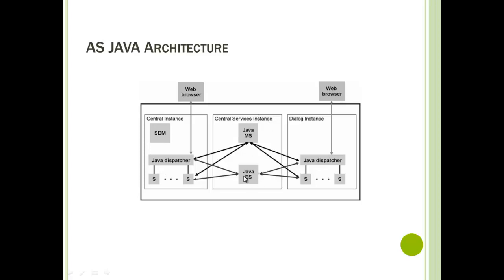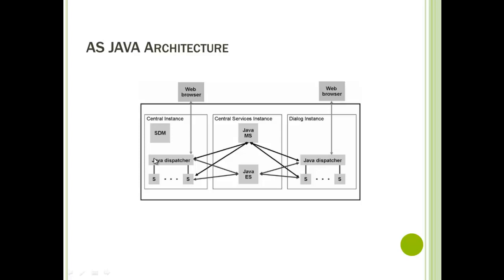The Java NQ services and the MS message services, and the dialog instance where you have the server processes. In the Java environment, all processes and the data schema together are called the Java cluster.